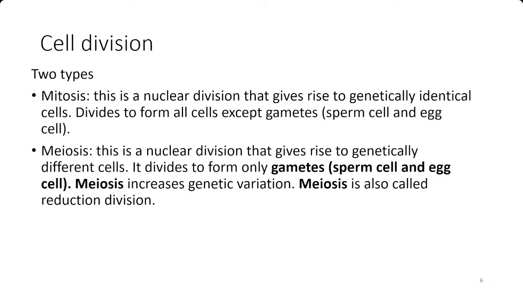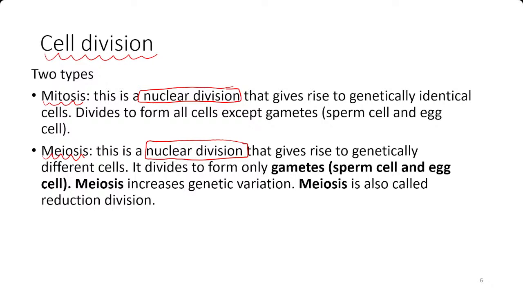Then cell division. This is something almost all of us know. Cell division is of two types, mitosis and meiosis. Both of them are nuclear division, which means that the contents in the cell, in the nucleus, are dividing.